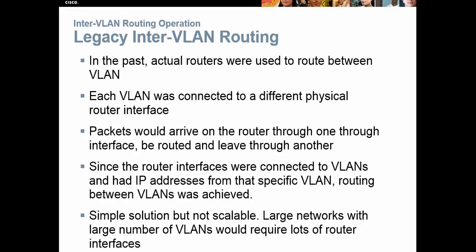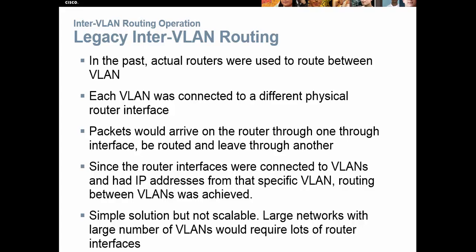So let's look at the legacy Inter-VLAN routing. In the past, our actual routers were used to route between VLANs, and each VLAN was connected to a different physical router interface. The packets would arrive on the router through one interface. It would be routed and leave through another interface.